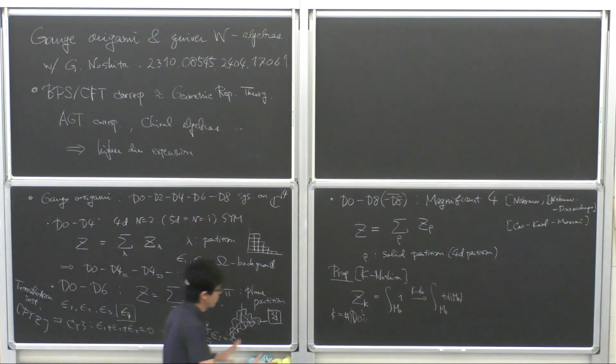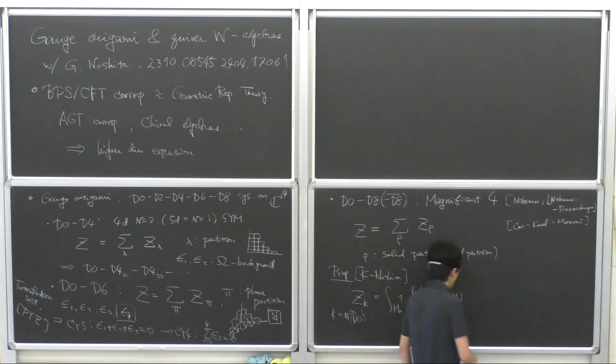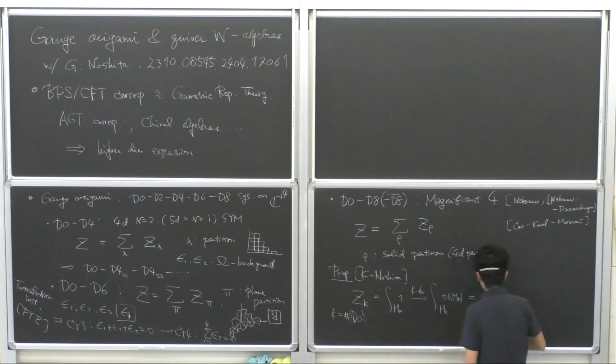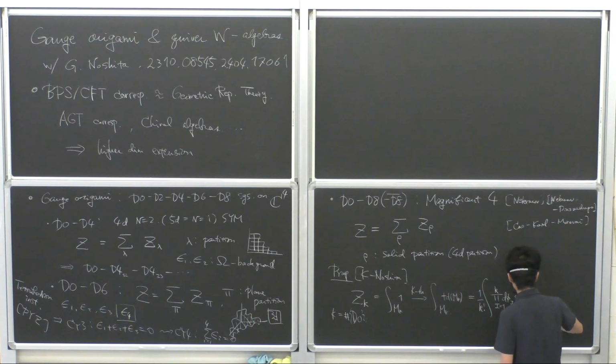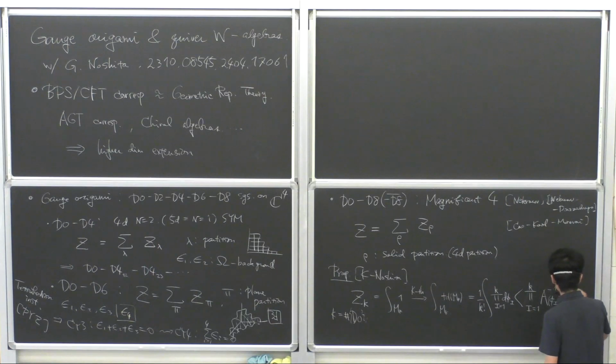This is more or less the definition of the partition function, and then the claim here is the following. This is actually our BPS/CFT correspondence for this gauge origami setup, in the sense that this partition function has an expression in terms of the correlation function of certain vertex operators.